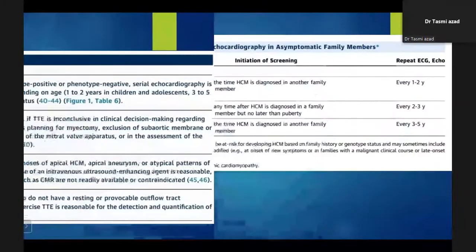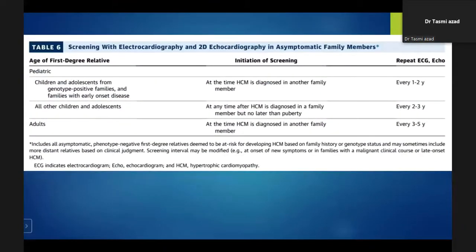In this slide, they give us information regarding the screening timing and the screening method, how we screen the asymptomatic family members of the patient.